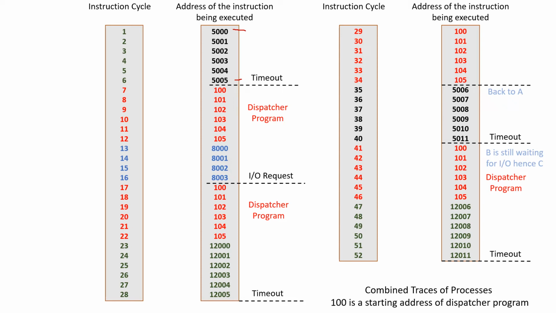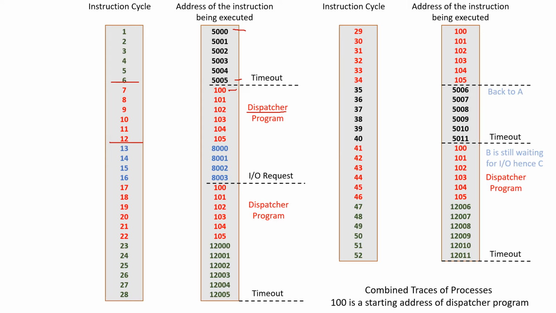So only 6 instructions, that is, 6 instruction cycles, process A will be executed. After that it is interrupted. So how is it interrupted? By the dispatcher program. And what is the starting address of the dispatcher program? 100. Again it will run for the next 6 instruction cycles.